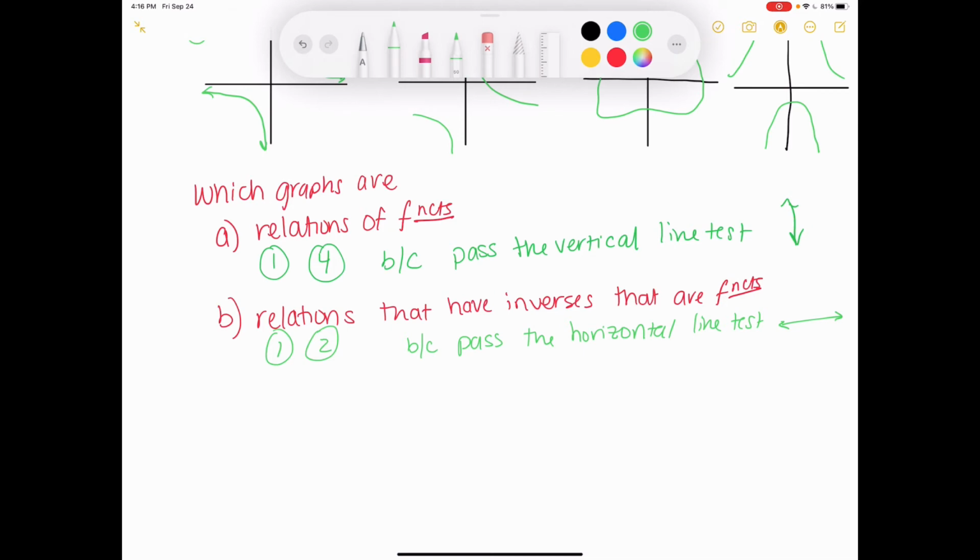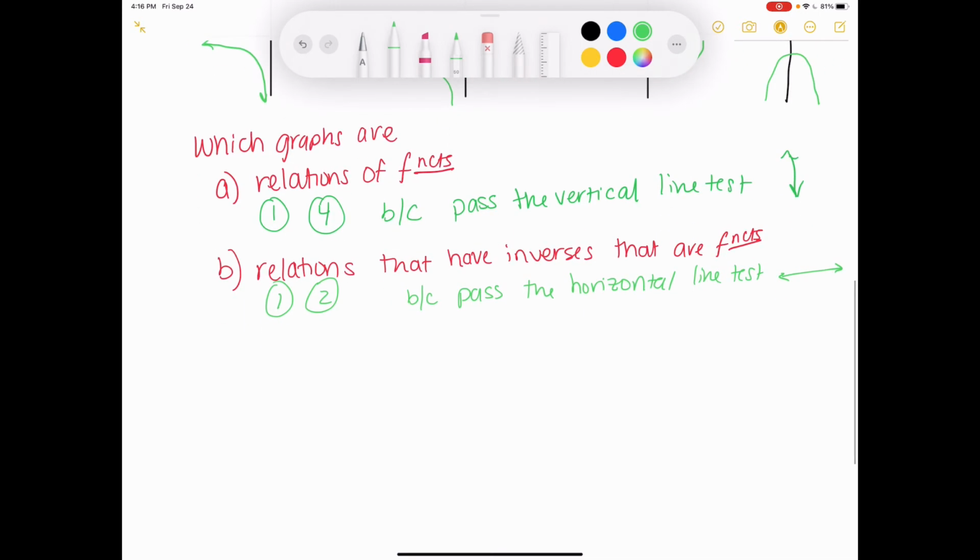A couple more little notes here, and then it'll be done.